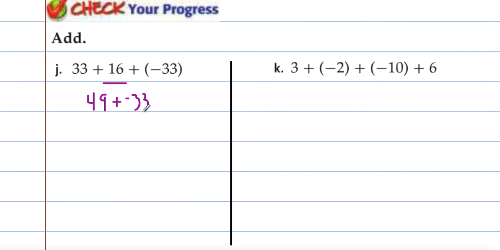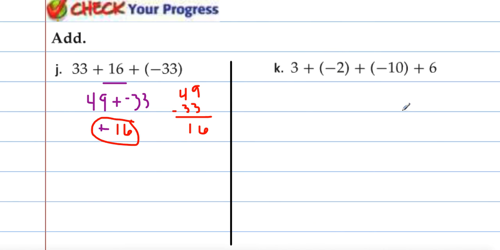So I have a positive and a negative. 49's absolute value is greater than -33's, so my sum is going to be positive. And then you would end up subtracting how many more is 49 than 33, and you get 16. So again, notice looking for those opposites first might help. Otherwise, you still end up back there.